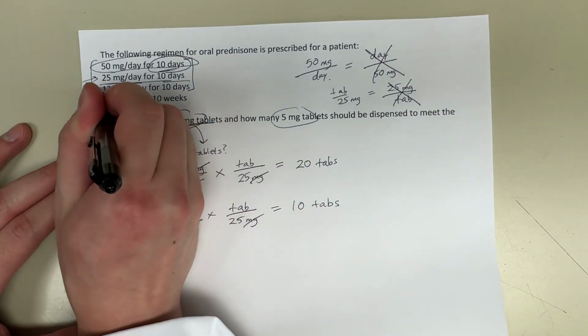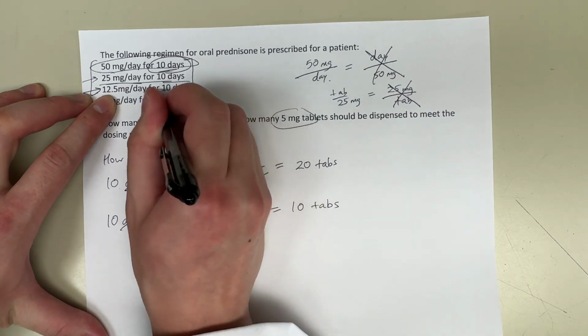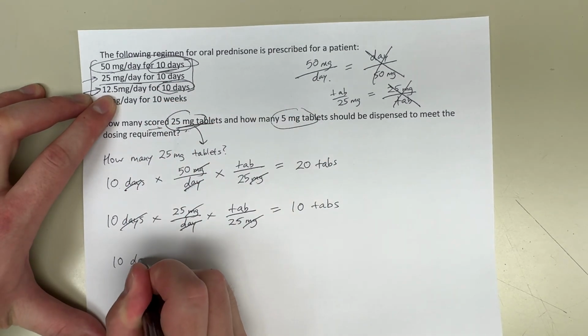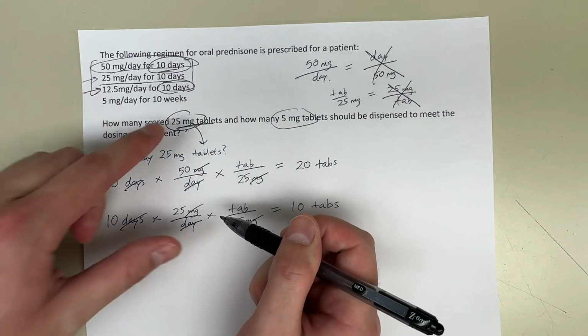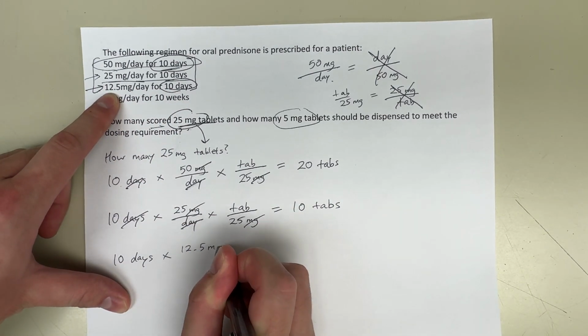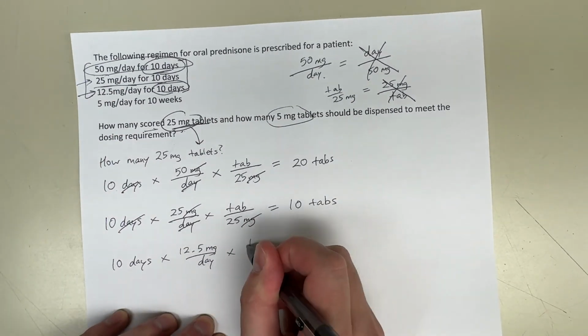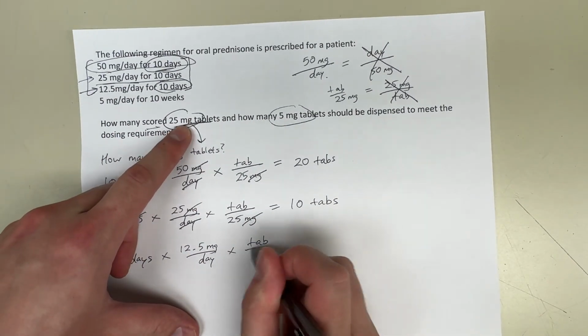Next I'm going to calculate this third line: 12.5 milligrams for 10 days. I'm going to use the same starting point, 10 days, times 12.5 milligrams per day. And for each tablet, there is 25 milligrams.